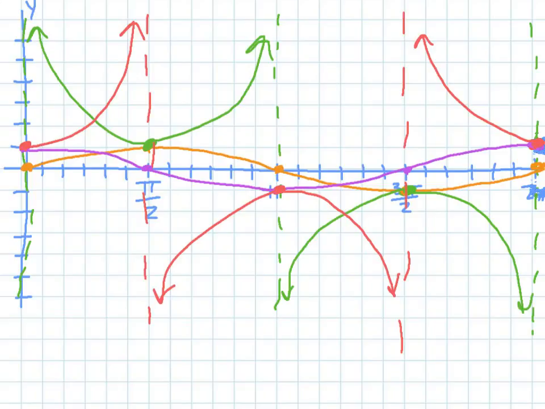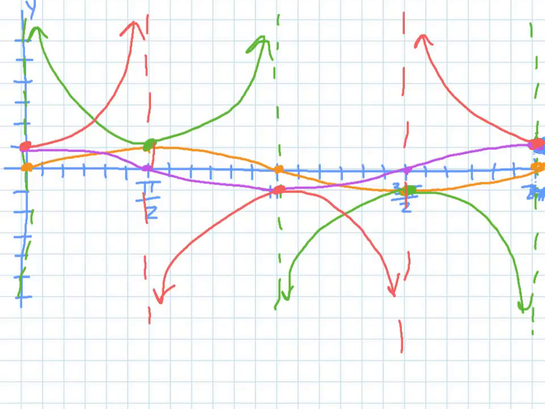Hopefully you've noticed that if you shift the graph over, like if I do secant of x minus pi over 2, then that'll get me the same thing as what cosecant has for just x. Okay, and if you do the same thing with secant, you do secant of x plus pi over 2 in the parentheses, then you'll get the same graph as your cosecant graph. Okay, or as your secant graph.